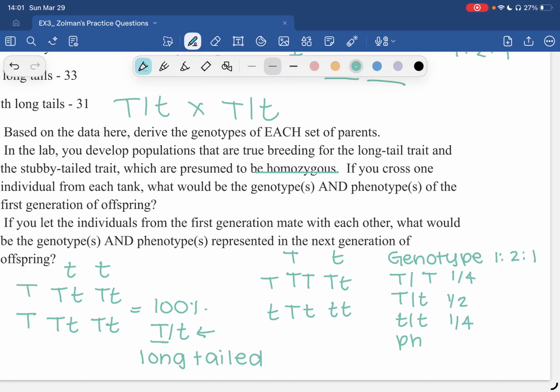However, phenotypically, you would see that 3 to 1 ratio because 3/4 would be long-tailed because you have these 3 here that would be represented by the long tail because they have the dominant T, or the dominant trait of having long tails. And then 1/4 would be short-tailed.